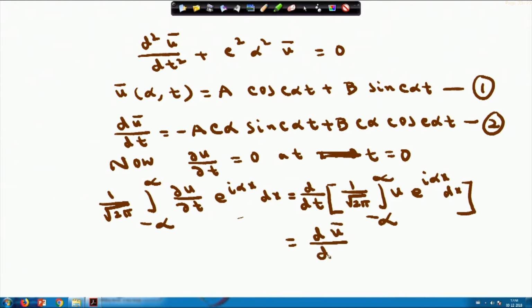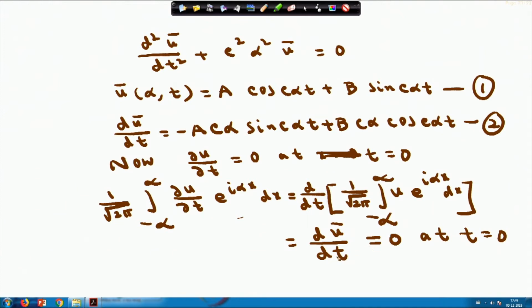So, this becomes dū/dt. So, from here I can say that dū/dt equals 0 at t equals 0, since ∂u/∂t is equal to 0. So, I am basically taking the Fourier transform on both sides, and I am getting dū/dt equals 0.